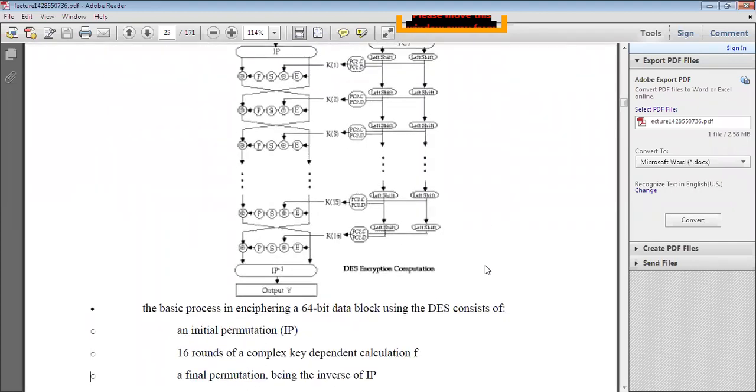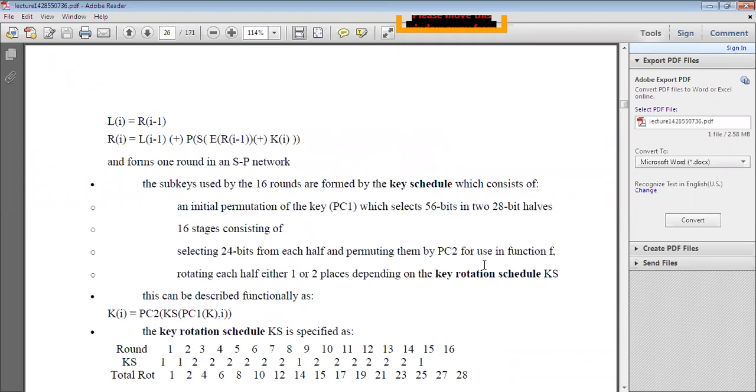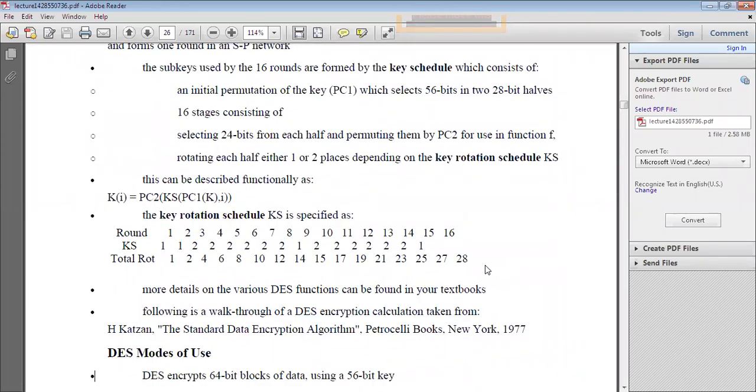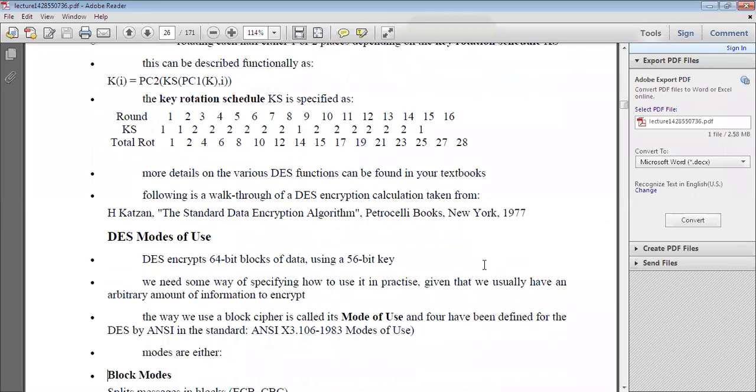Same process, using the Feistel structure only you can generate the cipher text. In the next class we will continue this one. And now let us revise this DES algorithm.